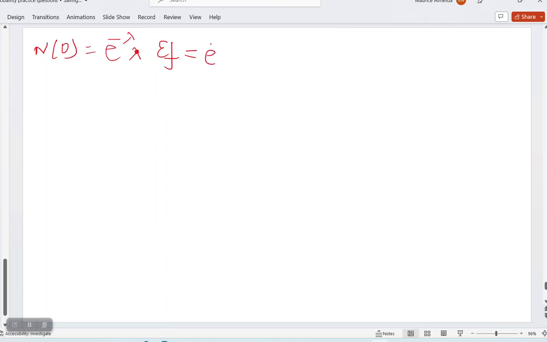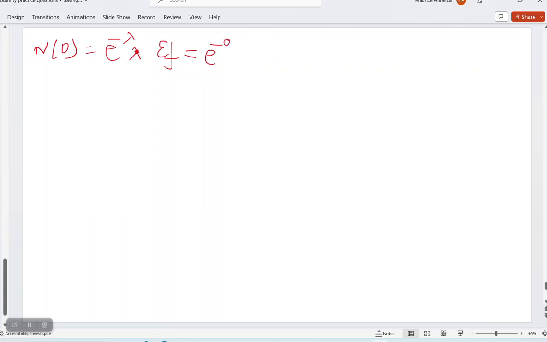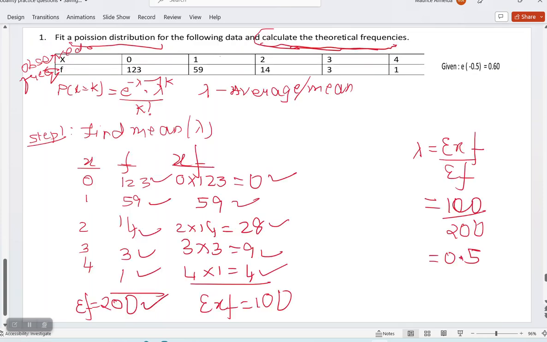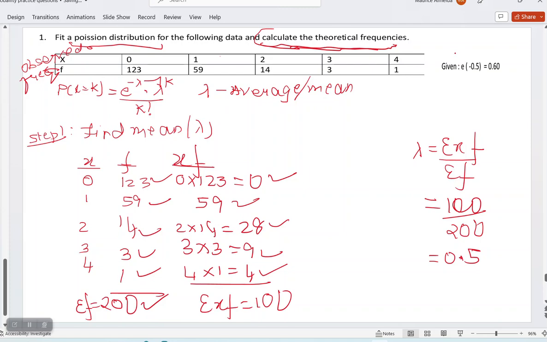Now e raised to minus lambda: in the previous step we found lambda as 0.5. So it is e raised to minus 0.5. Summation of f, if you observe here, was found to be 200. Now the value for e raised to minus 0.5 is given in the question as 0.60. Whatever value is given in the question, you have to take it.